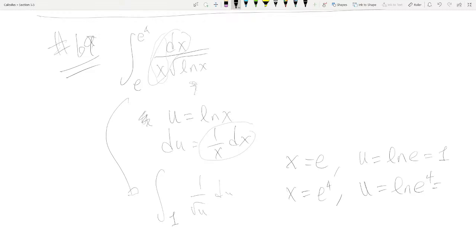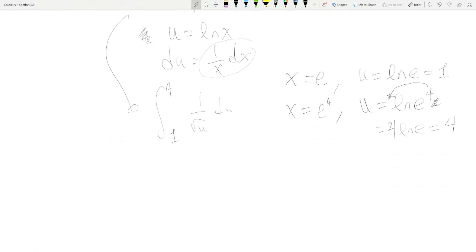But before you get your calculator out for that, remember we have this exponent rule. I just did this integral. The antiderivative of 1 over root u is 2 root u, evaluated from 1 to 4. And then I get 2 times 2 minus 2 times 1, which is 2.